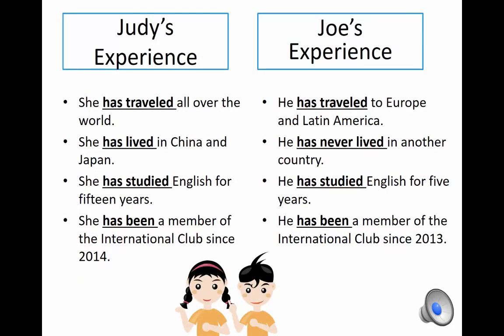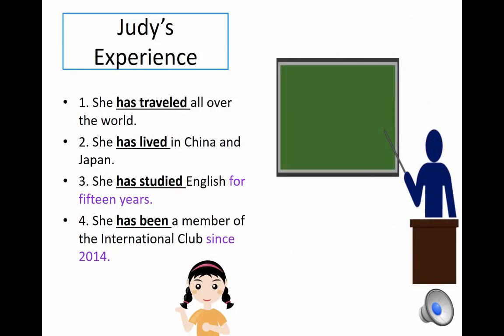Let's go back to Judy and Joe. Now we can see the examples of these two uses of the present perfect. Can you find examples of a completed past event that does not mention a specific time?